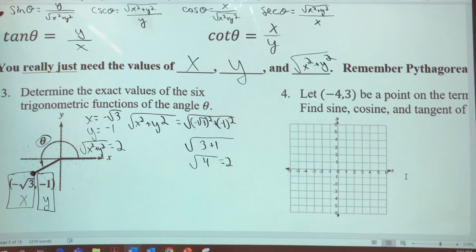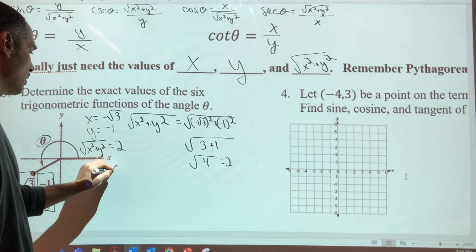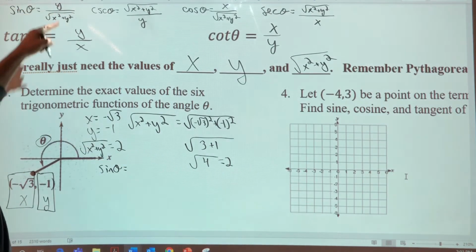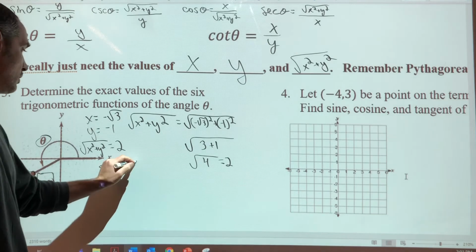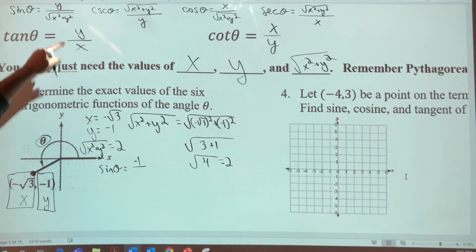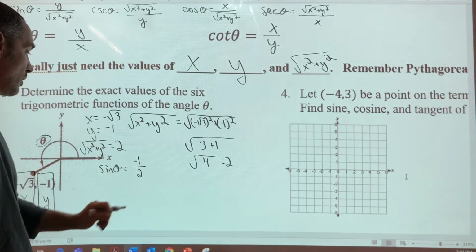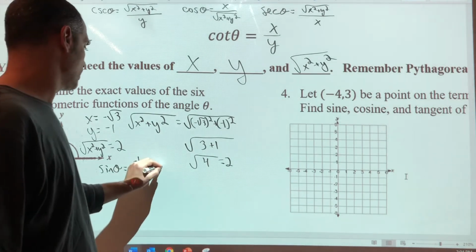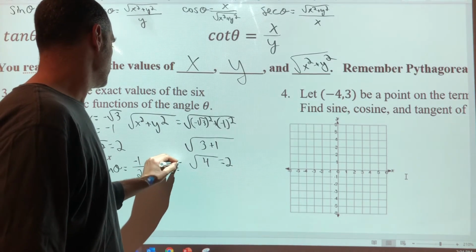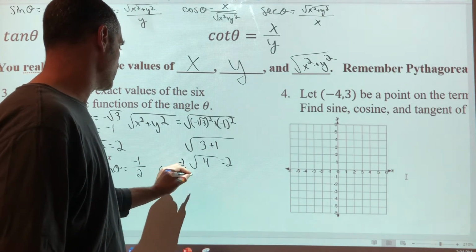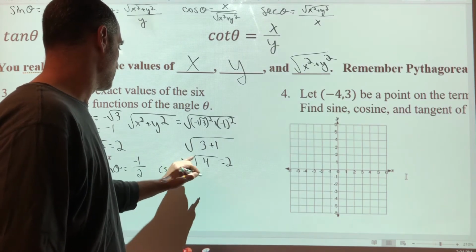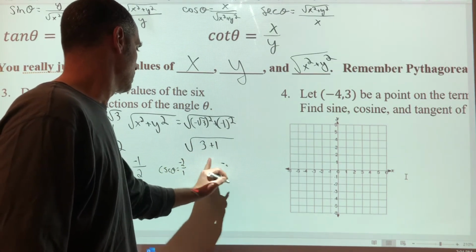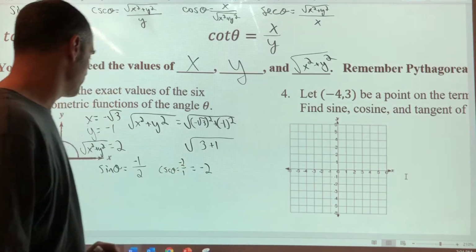And now I should be able to find all the functions because I already know the pieces that go in here. So the sine of theta is equal to y, which we know to be -1, over the square root of x squared plus y squared, which is 2. So -1/2. And the cosecant is the reciprocal. So when I flip that, cosecant is -2 over 1, or just -2.